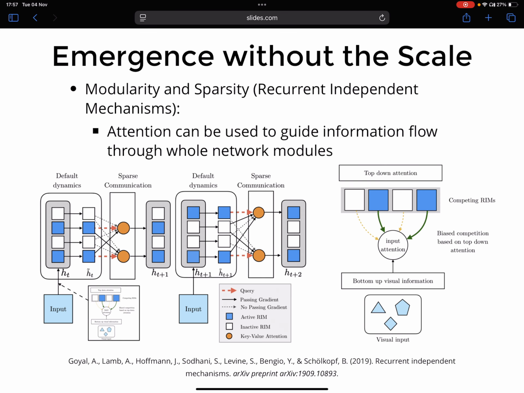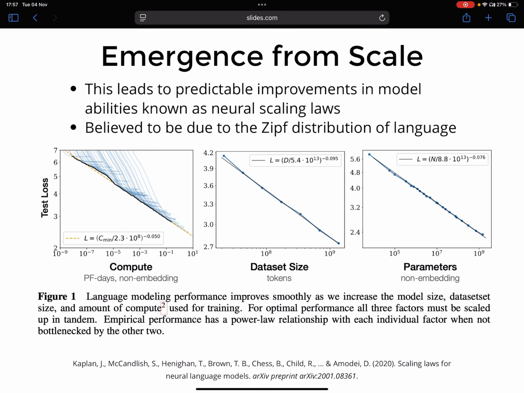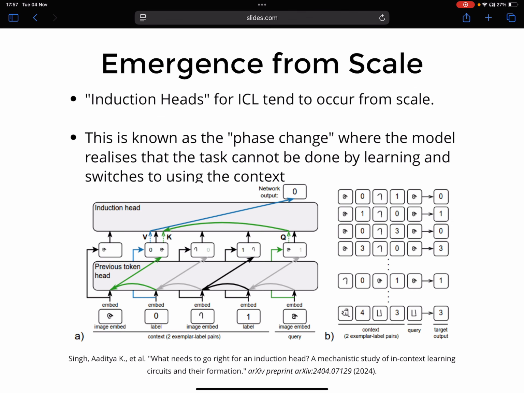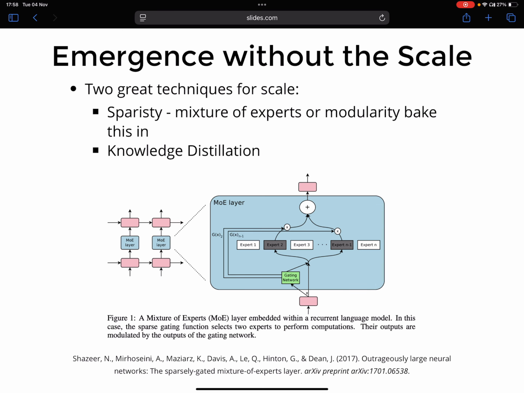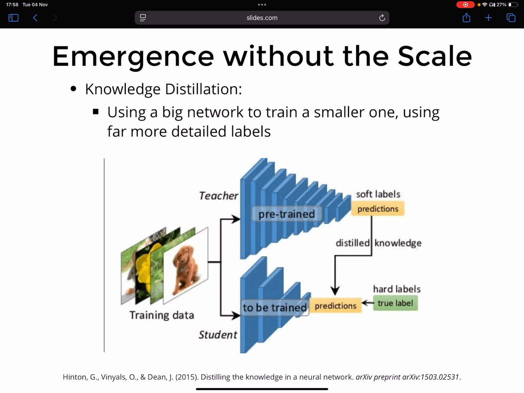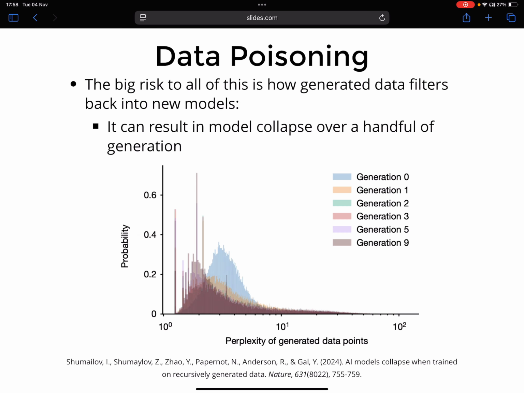And if we start going back to saying that, well, maybe the Zipf distribution of language is the reason that we get things like in-context learning and induction heads. Well, if we're losing those tails, the Zipf distribution is characterized by an extremely long tail. And so ultimately, if we get those issues, you're going to end up with something like this, where over generations, the probability of particular tokens and the perplexity of the data is just going to start shifting all the way to the left, right?